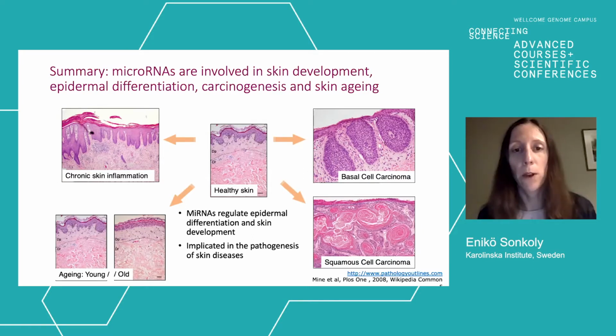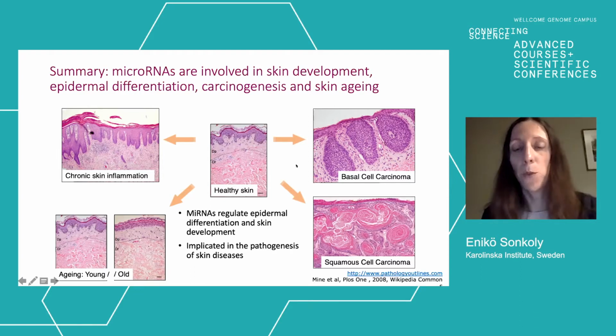So some microRNAs can also regulate the balance between stemness and differentiation in the epidermis. And these processes can be disturbed in different diseases. And accordingly, microRNAs have been implicated in several diseases of the skin.